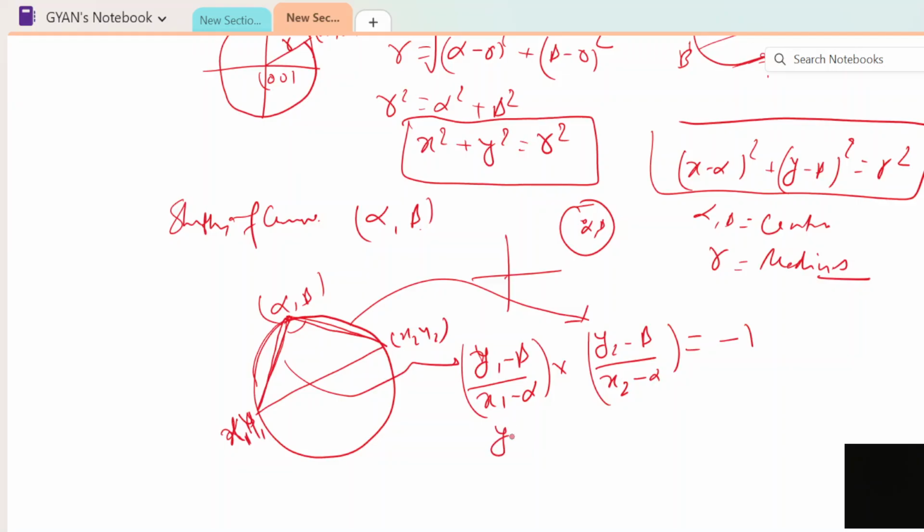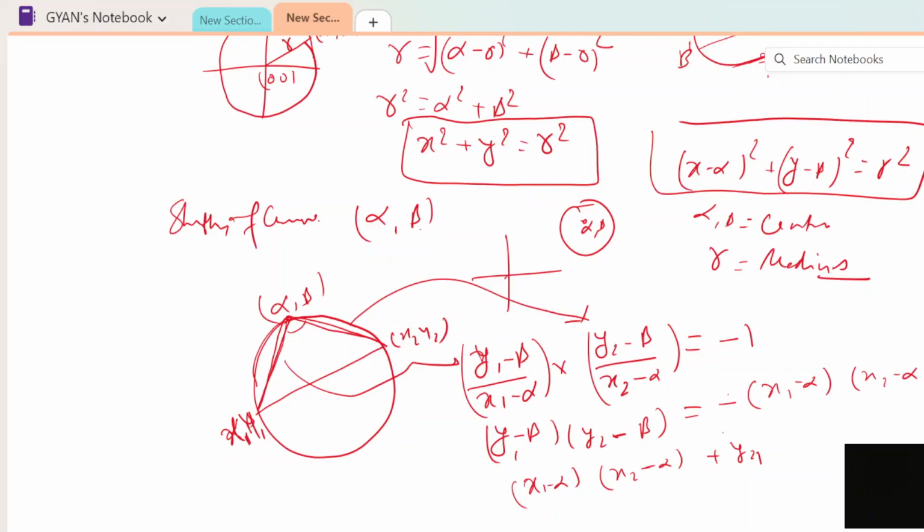So (y1 minus beta) into (y2 minus beta) is equal to minus of (x1 minus alpha) into (x2 minus alpha). So you take this side, then (x1 minus alpha) into (x2 minus alpha) plus (y1 minus beta) into (y2 minus beta) equals 0.